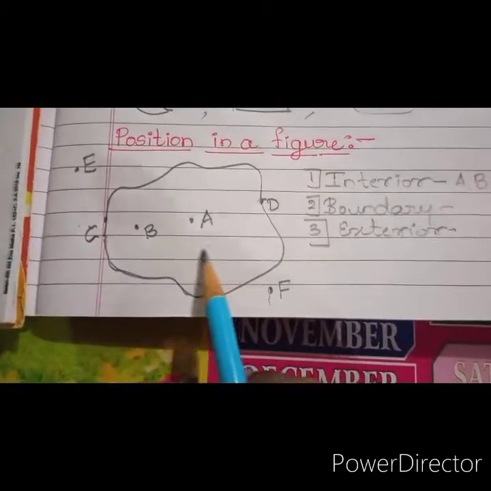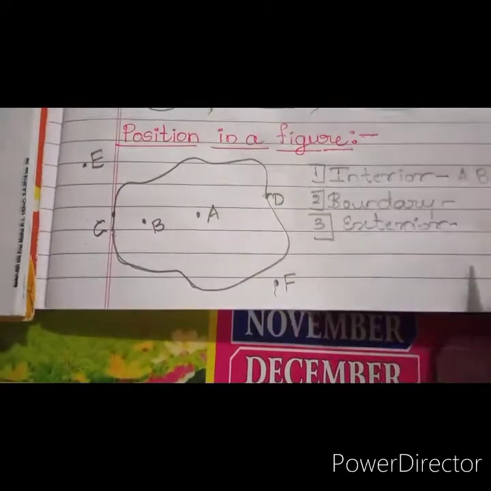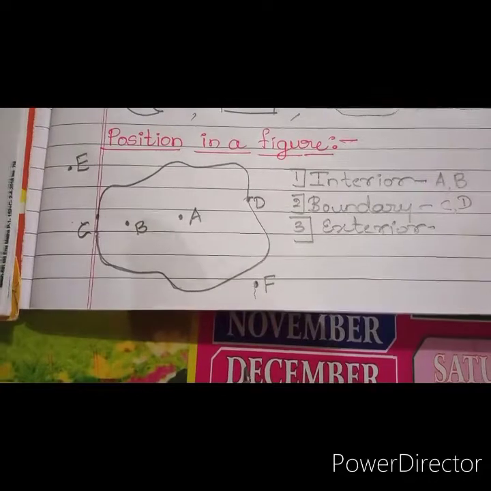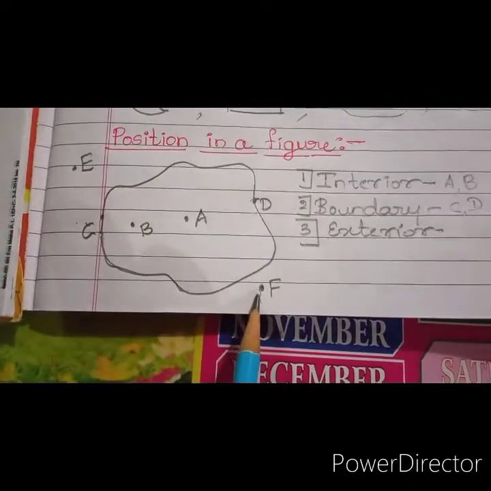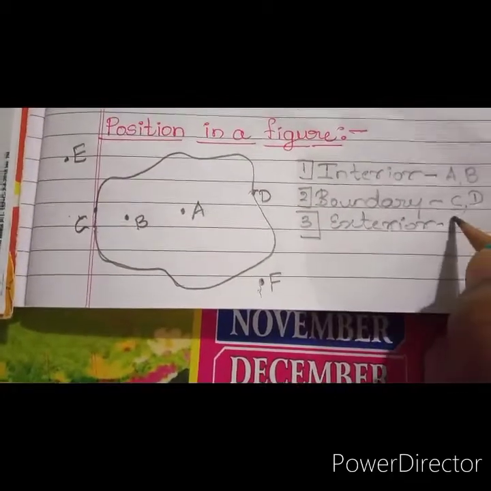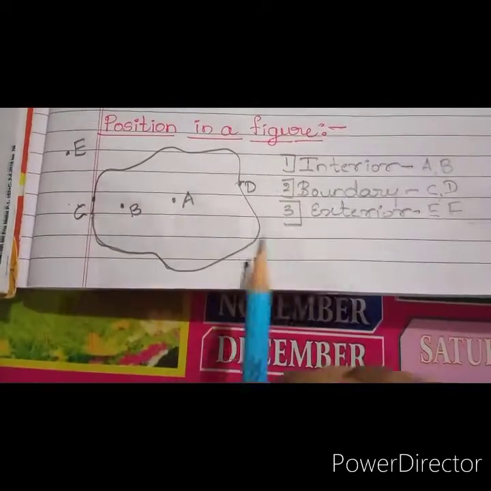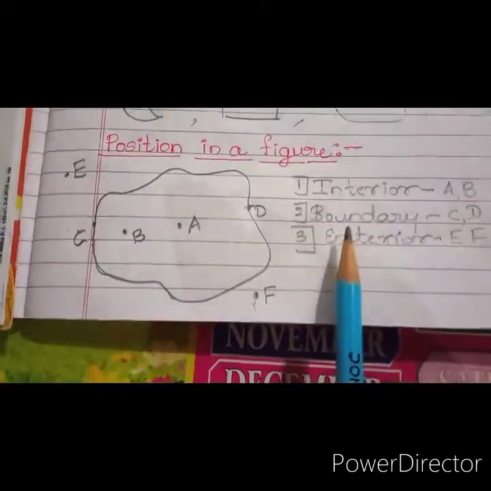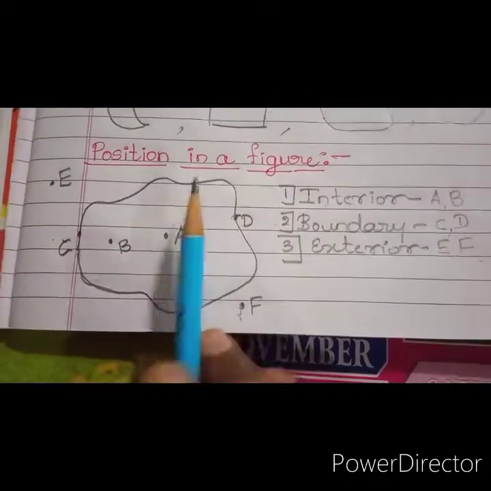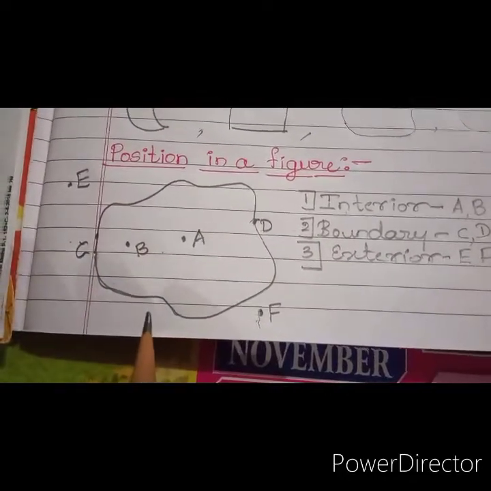Again, 2 points are on the boundary of the figure, that is boundary points C and D. Next 2 points are outside the figure, that means exterior points, that is E and F. So here 3 names are very important: interior, boundary and exterior. Interior means inside the figure, boundary means boundary line, and exterior means it is outside the figure.